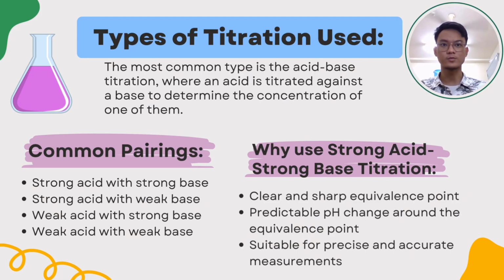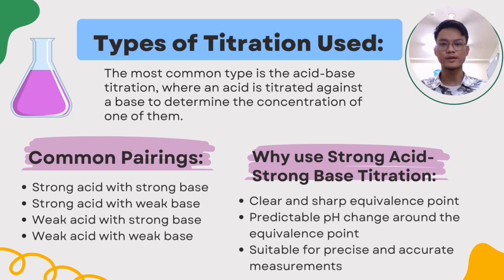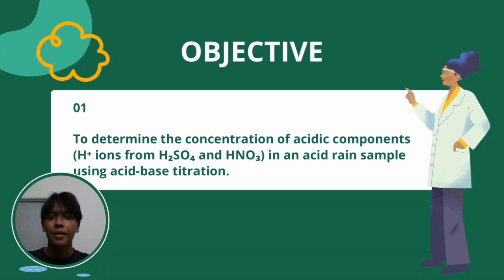Lastly, weak acid with weak base, but it's less used due to indistinct endpoints. So why are strong acid and strong base commonly used for titration? It is because of the clear and sharp equivalence point, predictable pH change around the equivalence point, and suitability for precise and accurate measurement.